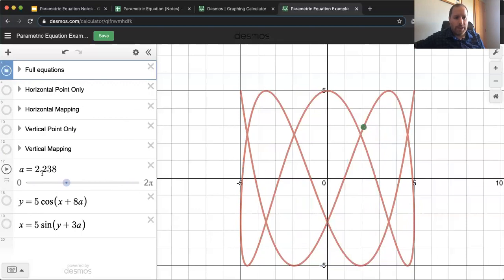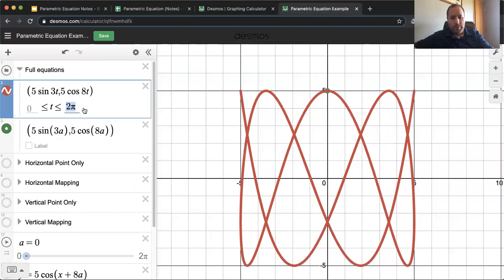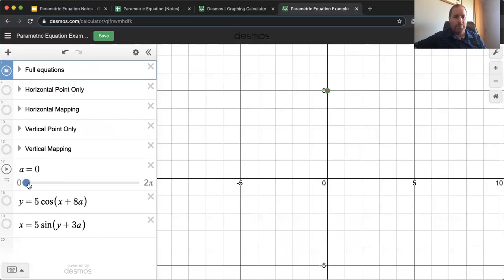I'm going to pause this for a second and back it all the way up. What's really happening is time starts at time 0, and then it's mapping to a particular point. So I'm just going to make the time go to a, so that it matches whatever this number is.